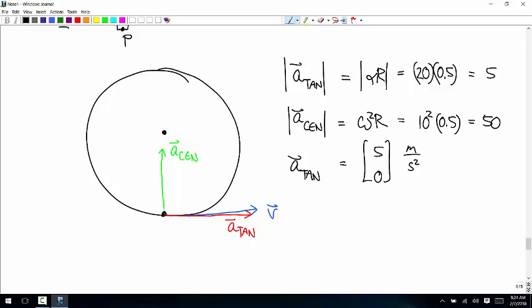I just put the wrong number in there. Okay, so then the vector is 10, 0. The centripetal acceleration vector is in the positive y direction, so that's 0, 50.